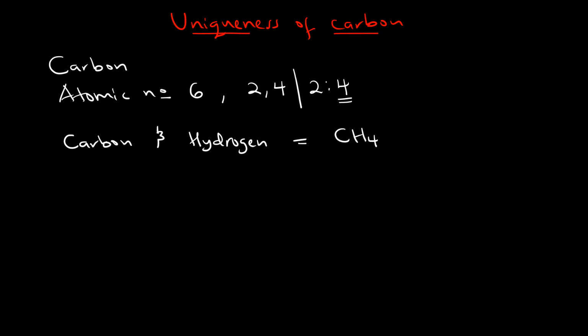However, when you look at the outermost energy level of carbon, this is a sketch of the outermost energy level of carbon. We shall realize that carbon has 4 electrons, as the electronic configuration suggests. So we shall have our 4 electrons.